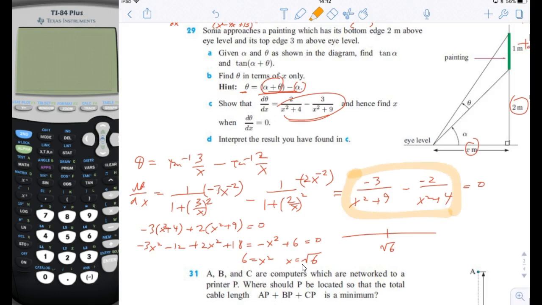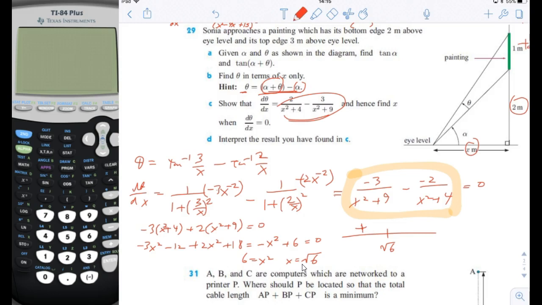If we put 0 in there, we'd have negative 3/9 plus 2/4. So negative 3/9 is negative 1/3. Plus 2/4 is 1/2. So the positive number 1/2 is slightly bigger than the negative 1/3 here. So we know that to the left of square root of 6, we would have a positive slope.